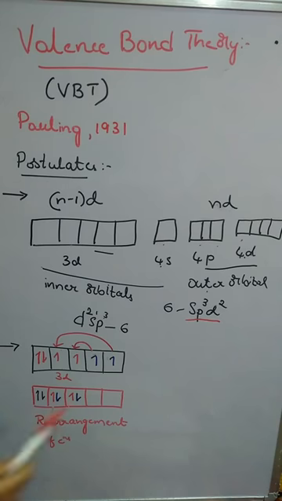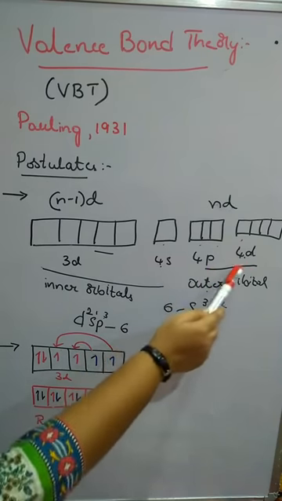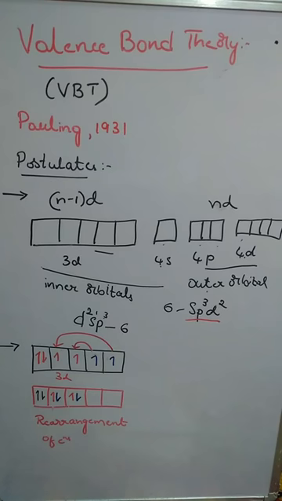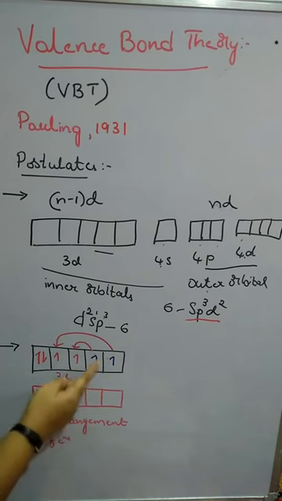If it is taking outer d orbitals, then they are called outer orbital complexes. Sometimes, if the inner d orbital has unpaired electrons, then the electrons may rearrange themselves.